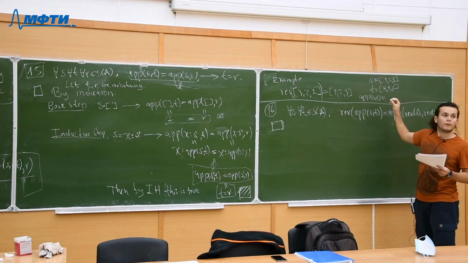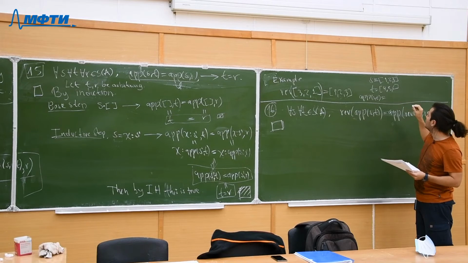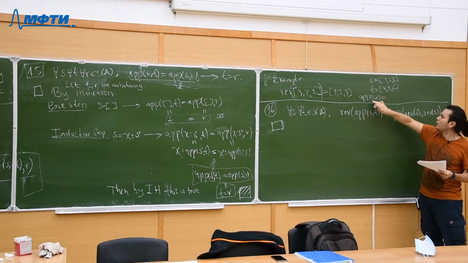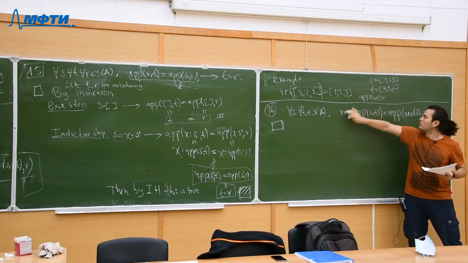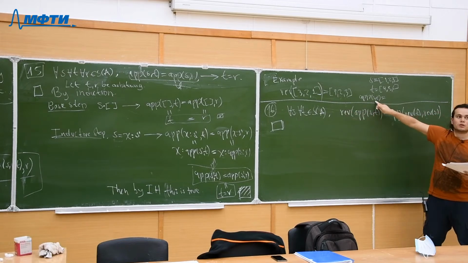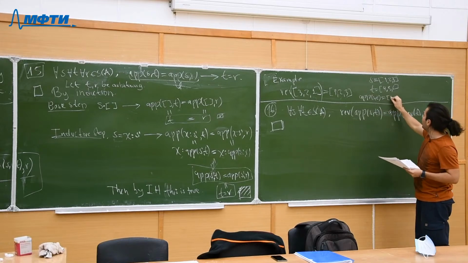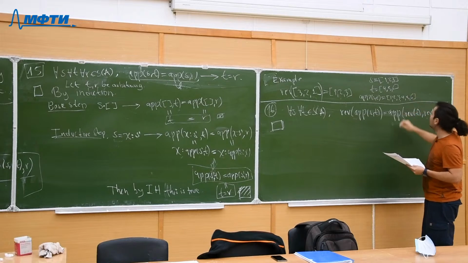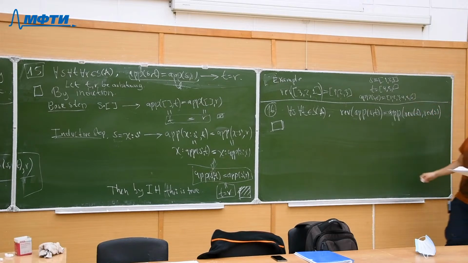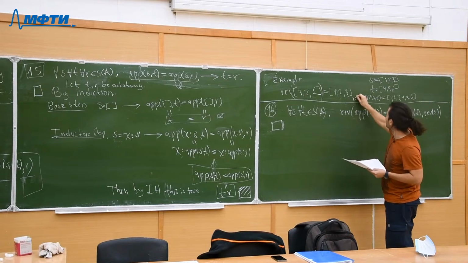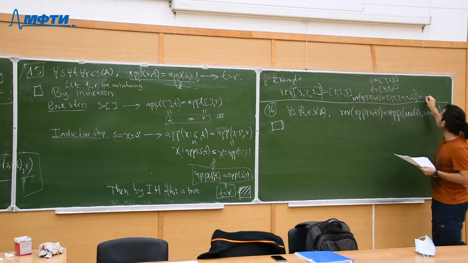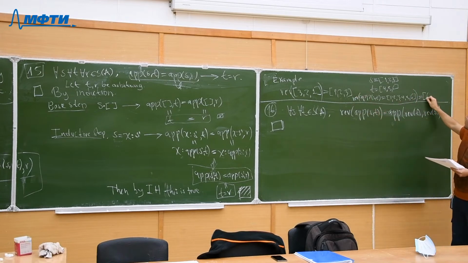No, just the app of S and T, not the reverse, just the app. So it's going to be 1, 2, 3, 4, 5, and 6. Yes. And the reverse of this is going to be 6, 5, 4, 3, 2, and 1.